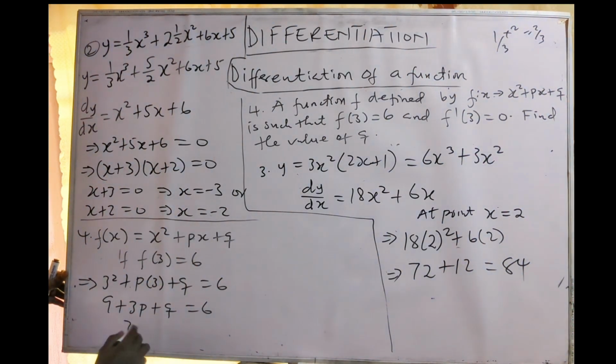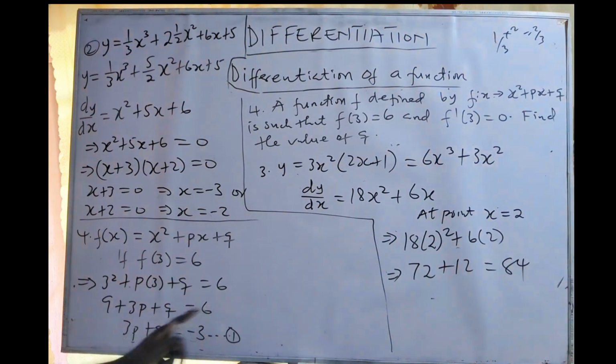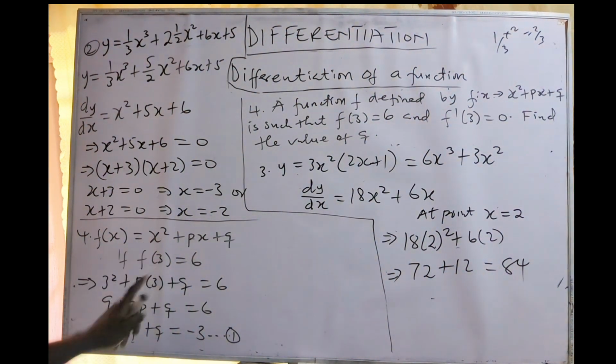So I have 3p plus q equal to 6 minus 9, which gives negative 3. Let me put this one as equation 1.